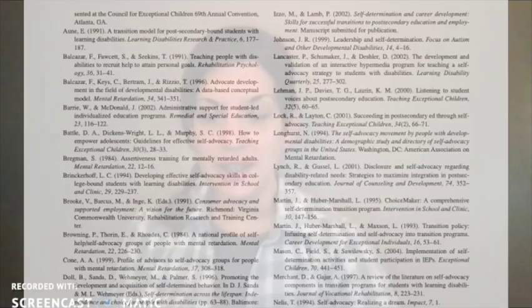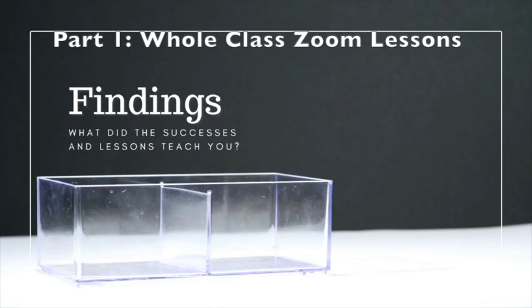My data analysis consisted of listening to more than 20 recorded lessons, whole class Zoom lessons, and more than 20 recorded one-on-one conferences. I also used qualitative coding to identify themes across the lessons, across one-on-ones, across other forms of student response, and notes that I took during all one-on-ones, even those I didn't record.